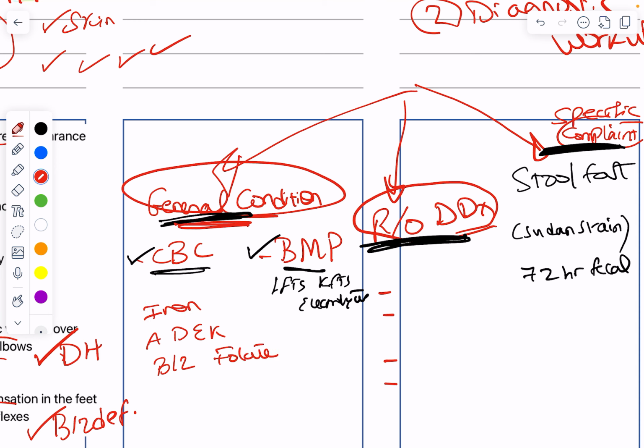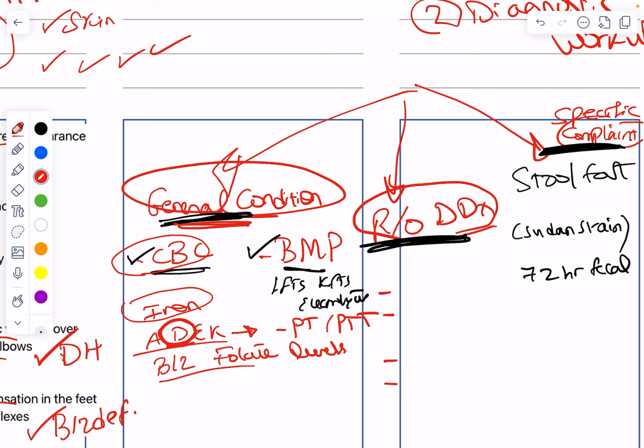So if we actually did a CBC, you might want to do iron studies as well, right? And obviously, we're not going to do levels for all those vitamins. We're just going to do levels for vitamin D. And we can infer whether vitamin K is deficient by doing coagulation studies, right? Now we're going to do levels of these vitamins.